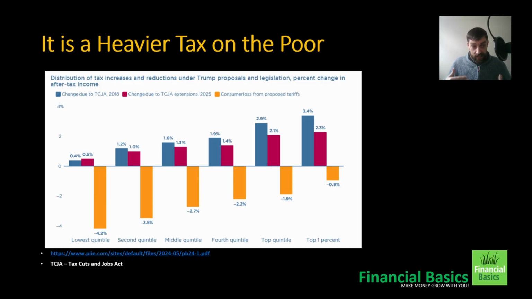So that obviously improved the situation. This analysis specifically looked at the combined impacts of all of these. So you can see that the tariffs more than make up for any gains that were made through the tax reductions.